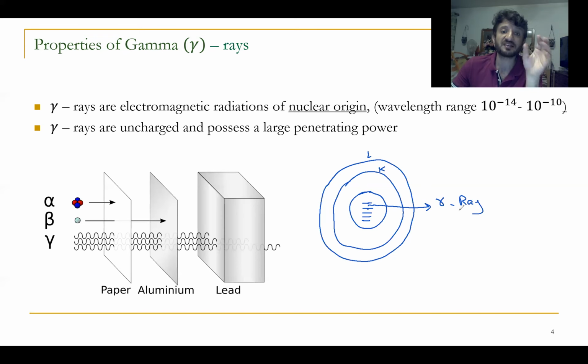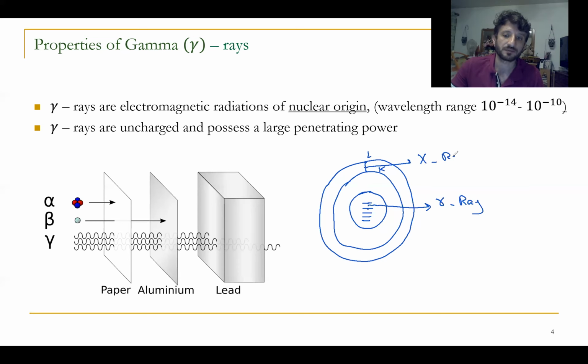So gamma ray is of nuclear origin, it comes from the nucleus. But in the case of X-ray, X-ray will come from the outer shells. For example, from K to L, this excitation of the atom from the L shell upper level to the K shell, we can get here X-ray.